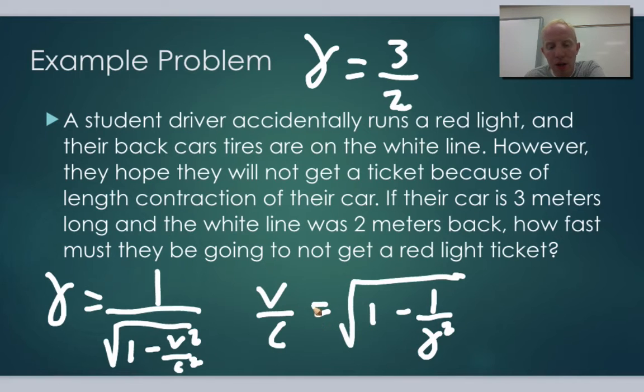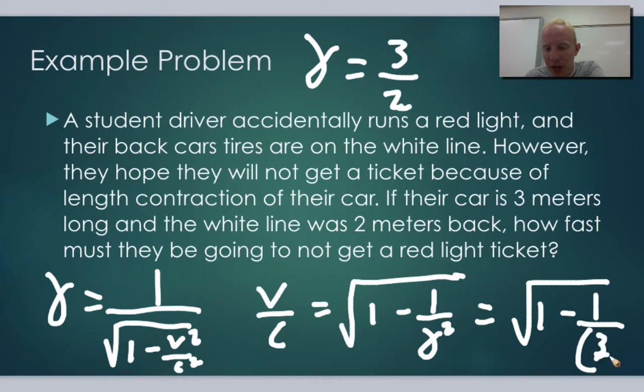Okay. Now again, I left c on there because we want to think of our answer in terms of c. Okay. And now we can just plug it in. So we get square root of 1 minus 1 over 3/2 squared.